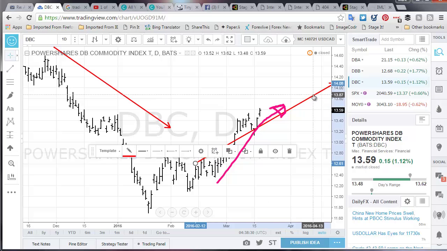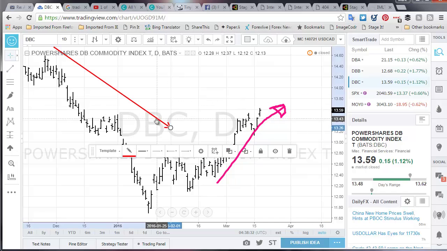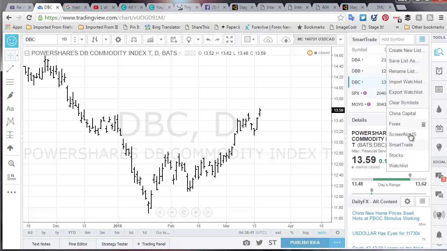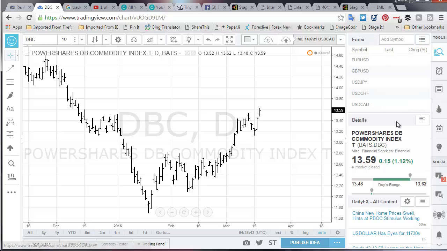Basically, we're seeing the same thing in all of these charts. So this US dollar weakness and rising prices for a series of commodities against the US dollar.